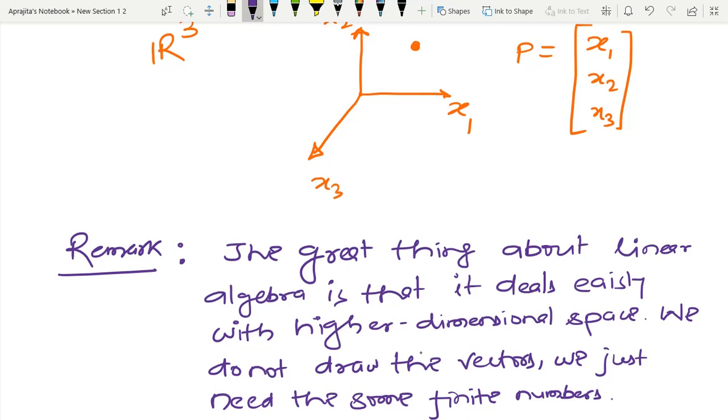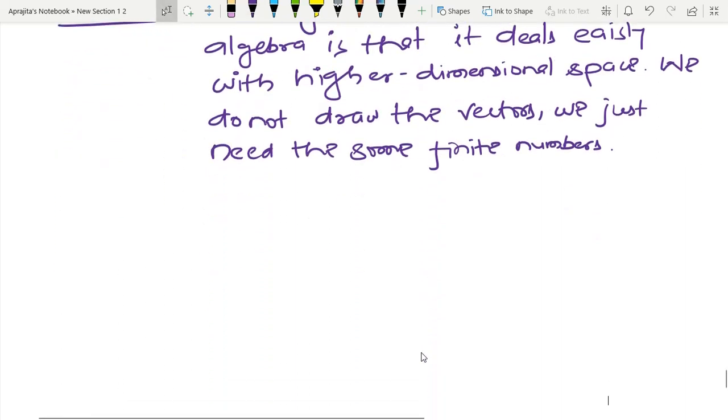So now in order to deal with 5-dimensional space, there is no need to draw it. You can just take any 5 numbers and put those 5 numbers inside a column vector, and that is 5-dimensional space. Similarly, I can deal with any dimensional space, and due to linear algebra it is possible to generalize any result.